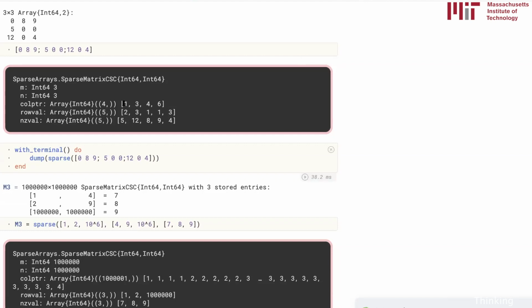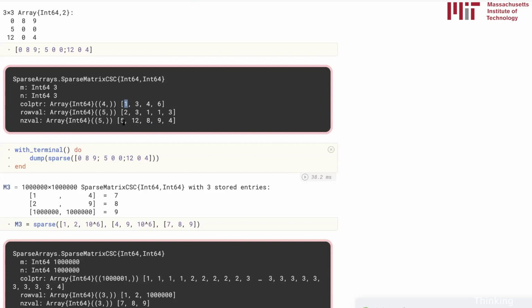The column pointer takes a little bit more getting used to, but what's going on is it's going to say which entry starts each column, in which position. Let me give it by example. This 1 is going to point to the 5. This 3 is going to point to the 8. The 4 is going to point to the 4th element, or the 9, and the 6 is going to point after. The 6 is basically saying we are now at the end.